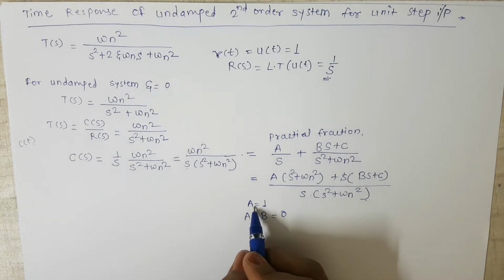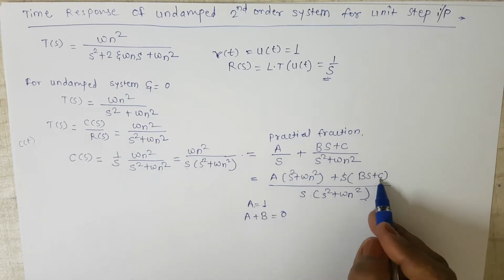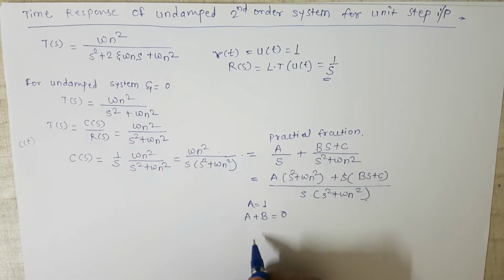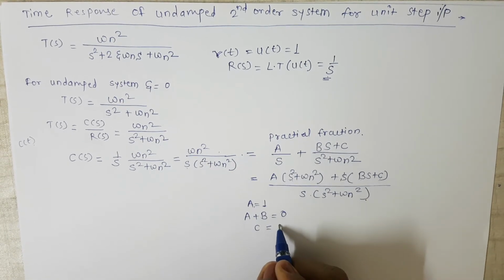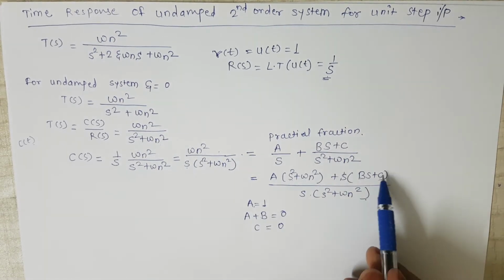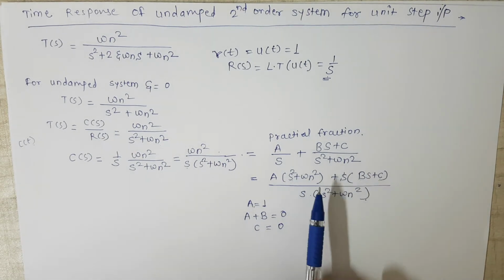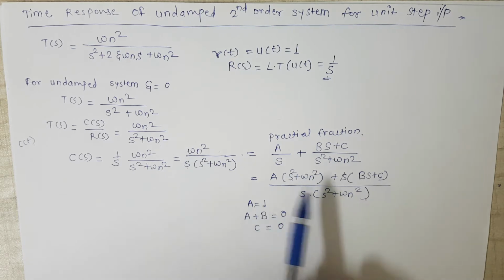And for the constant, here there is no constant, so I will write C is equal to 0. Okay, so I am just comparing this equation to this equation and finding the terms over here.